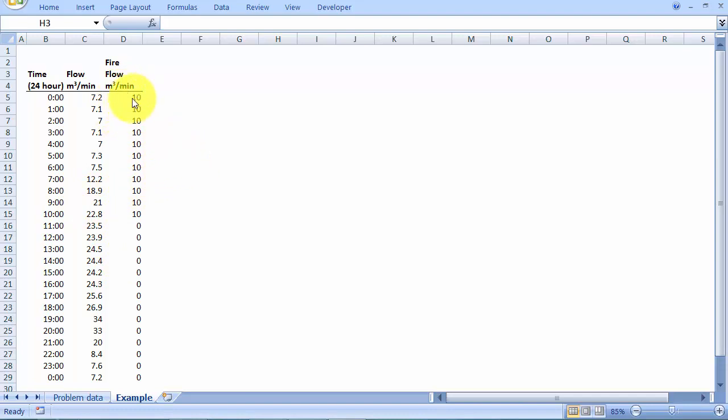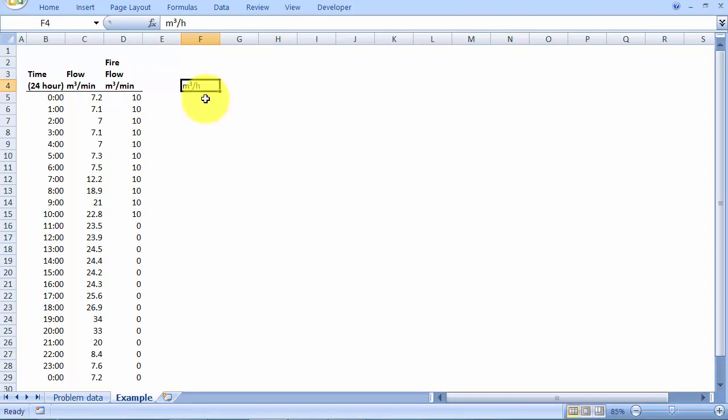Well, the first thing is to convert this flow rate in meters cubed per minute into an hourly flow rate. We're dealing with hour-long blocks here, so we want to work out how much flow is actually taking place in that time. Firstly, the value will be meters cubed per hour.